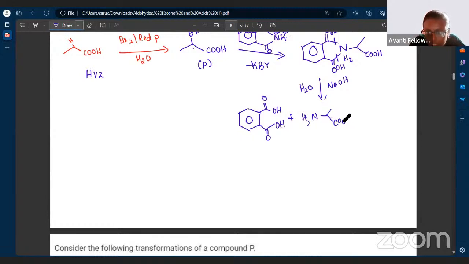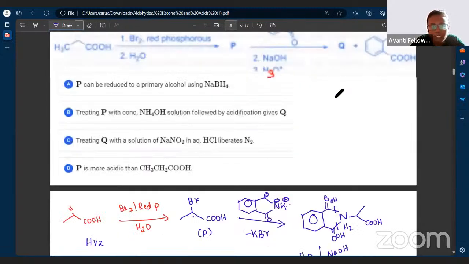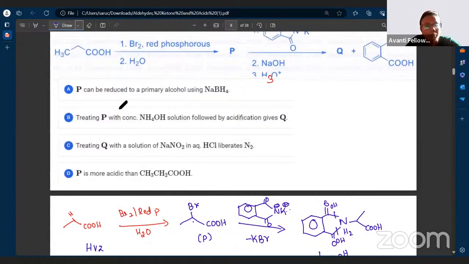So you are having COOH. Going back to the statements, what is given here? P can be reduced to primary alcohol using NaBH4.